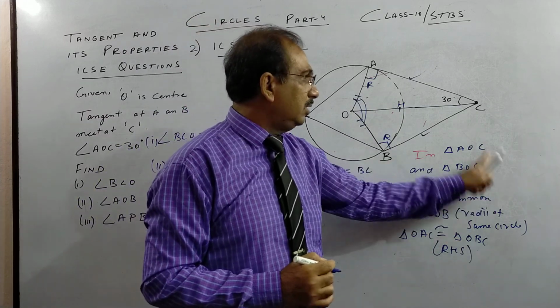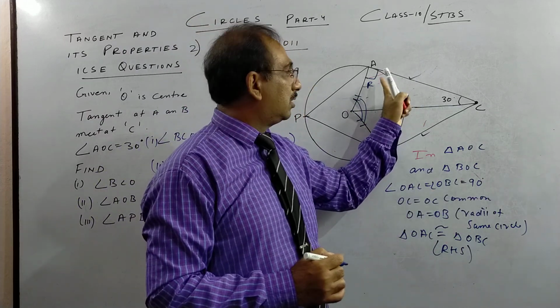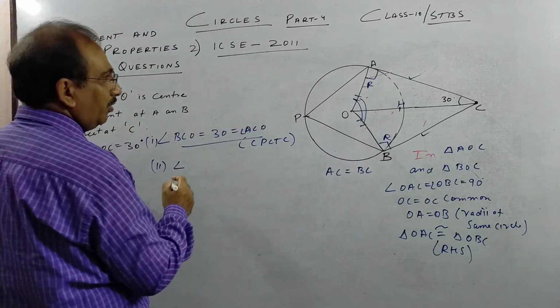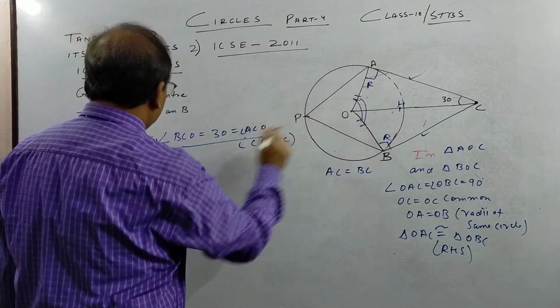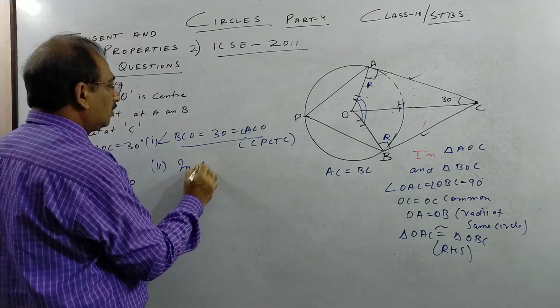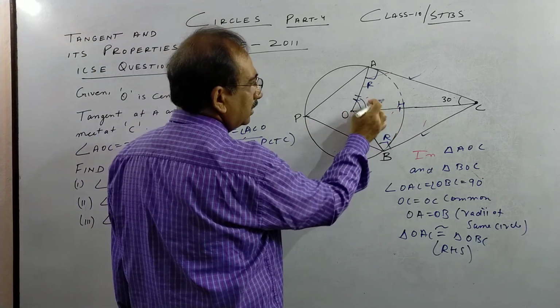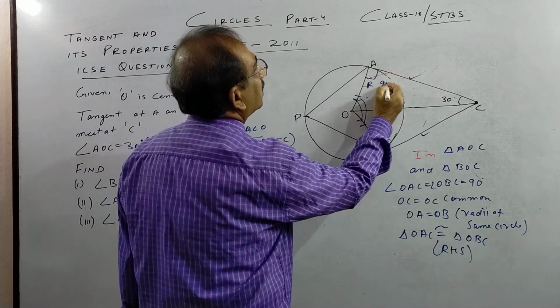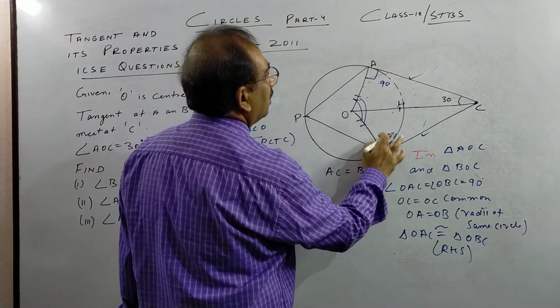Here you can give the reason: tangent with the radius of the circle makes 90 degrees. So in quadrilateral, this can also be done by two triangles, or you take the quadrilateral, both ways are there. So this is 90, children, this is 90.